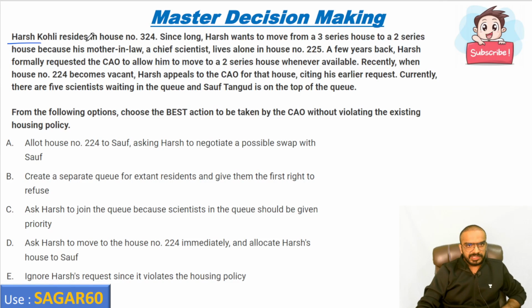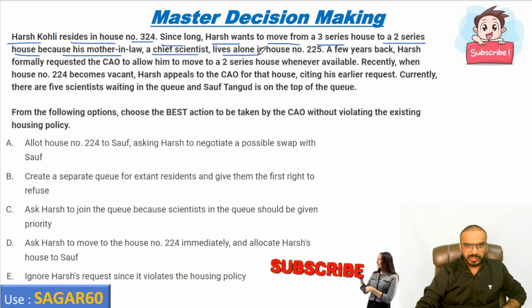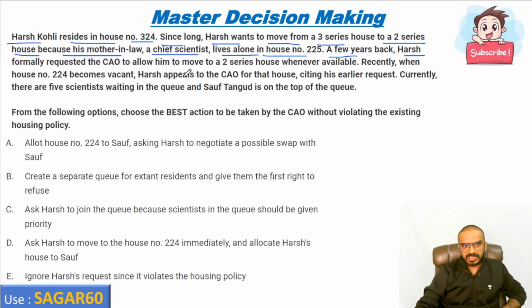Harsh Kohli resides in house number 234 since long. Harsh wants to move from a 3 series house to a 2 series house because his mother-in-law, a chief scientist, lives alone in house number 225. A few years back, Harsh formally requested the CAO to allow him to move to a 2 series house whenever available.